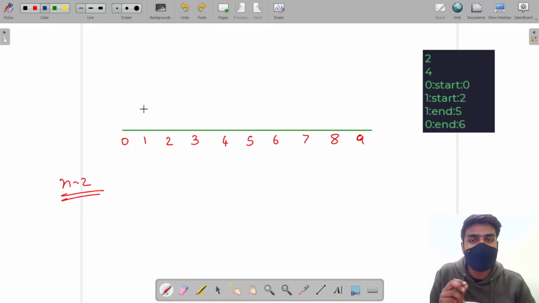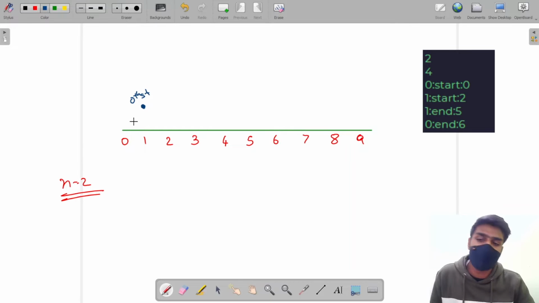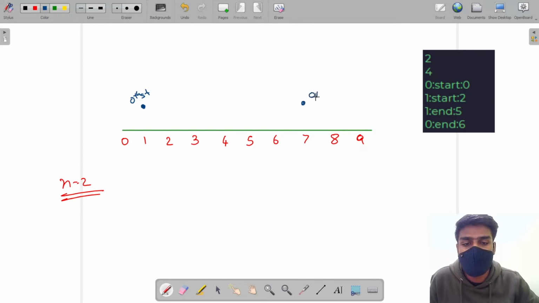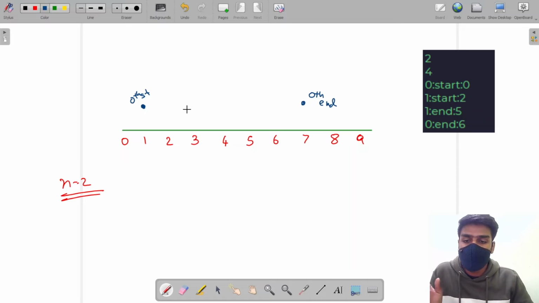My first function is named the 0th function. Let's start this 0th function from here and end it at, let's say, 7. So I'll write my 0th end here. Very simple. We start from 0 and end at 7.